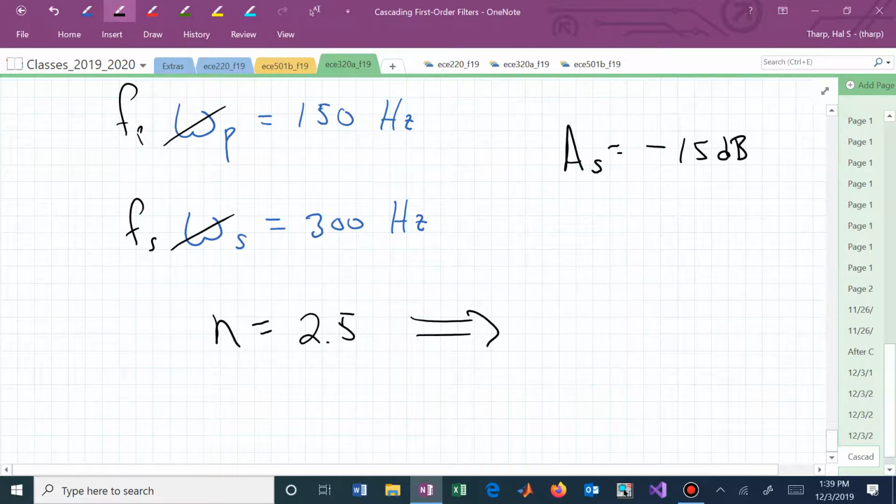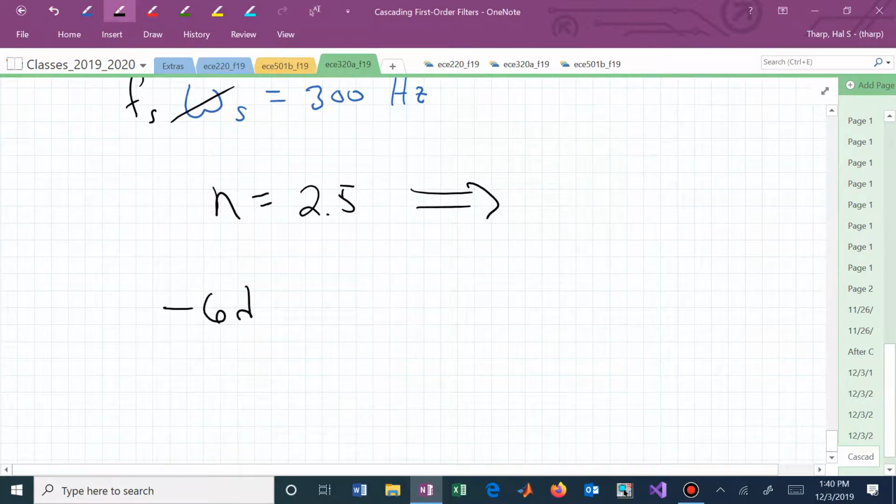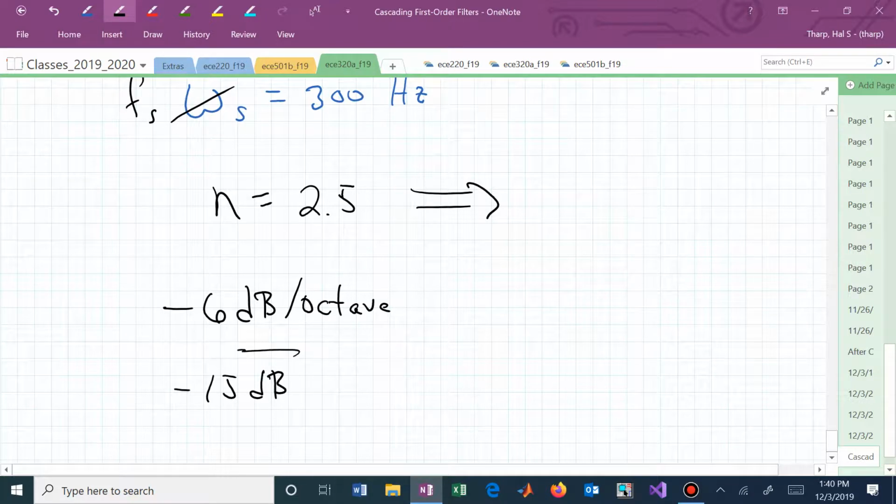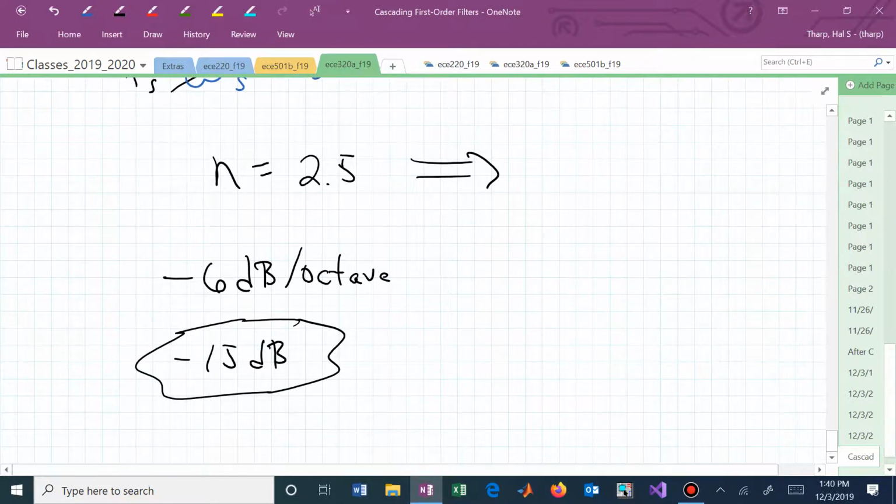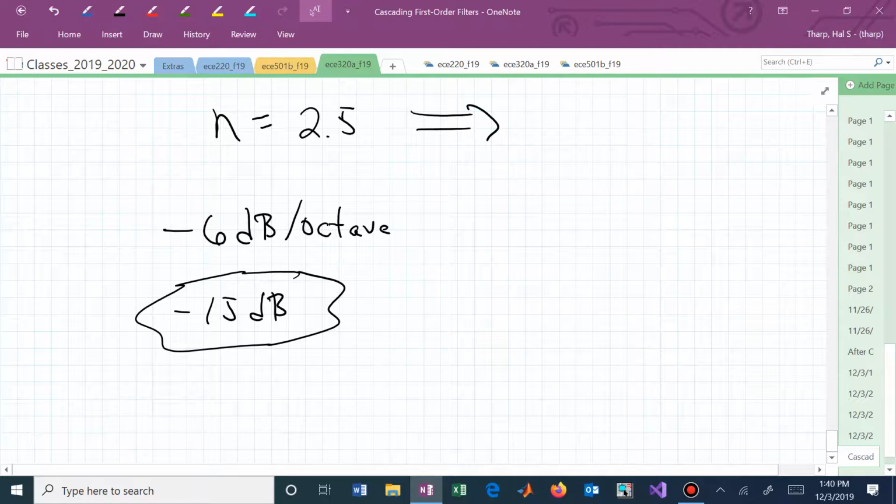Because what's the separation in our frequencies? 1 octave. And what do we know is happening relative to an octave? We have minus 6 dB per octave. And we needed to be down by minus 15 dB. Do you see why somebody immediately said, oh, N needs to be 3?